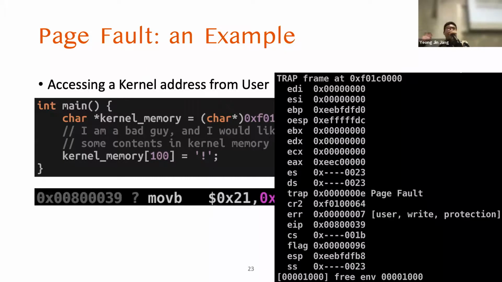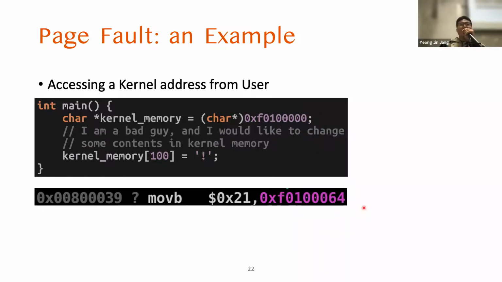And if that is not handled in JAWS, then you will see the program stopped by this kind of trap frame. This trap frame says the trap number is a page fault, number 14. And the error code has a user write protection fault. And the CR2 register has F01000064.